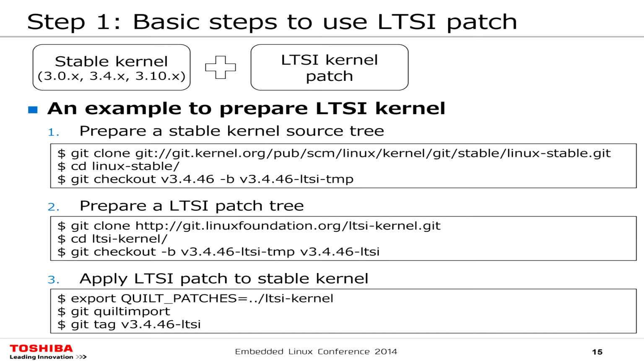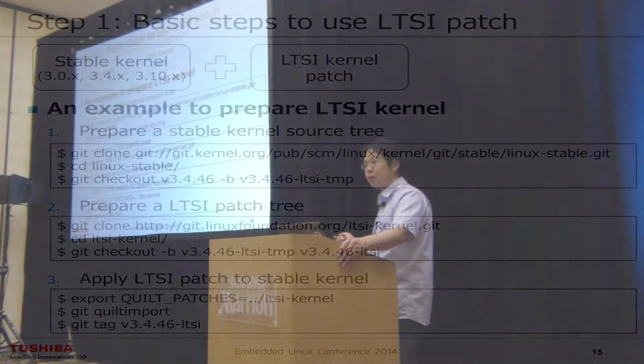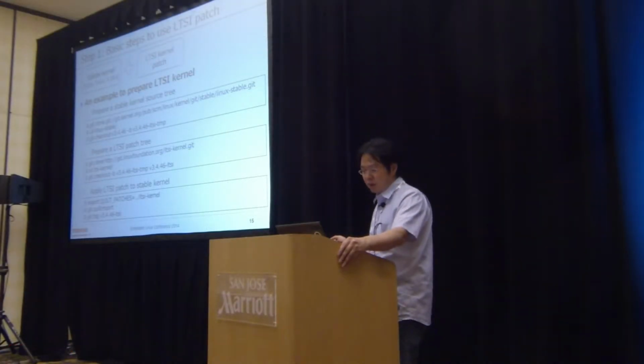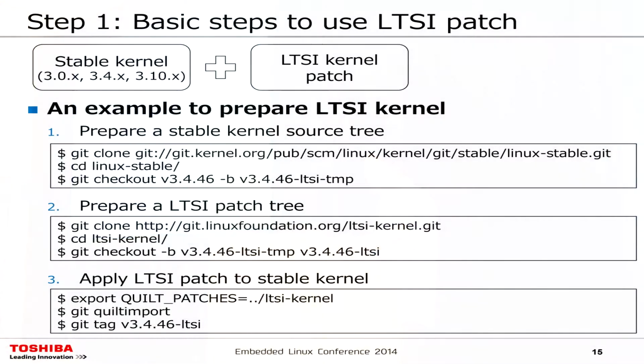This slide describes how to create a version 3.4 LTSI-RT kernel, so I use 3.4.46 at the beginning. Then clone the LTSI patch tree from the Linux Foundation site and check out the related version from here.